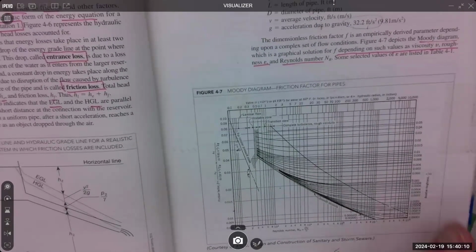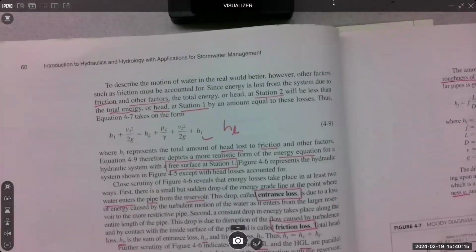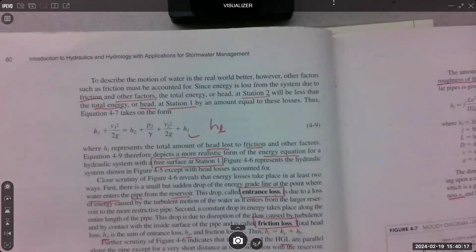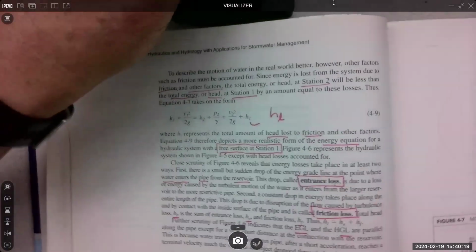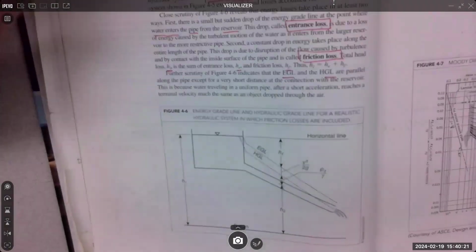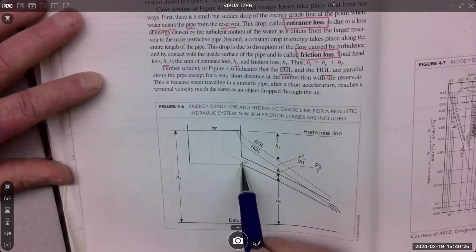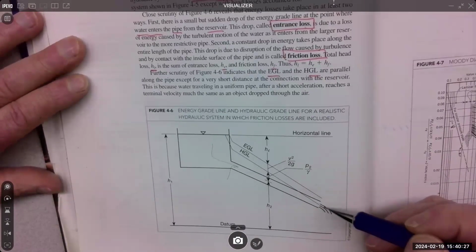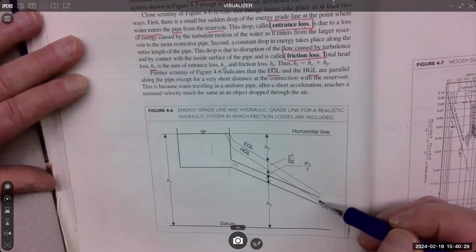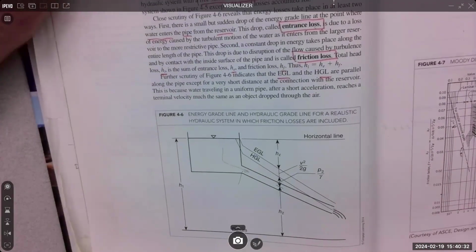That will lead us to the Moody diagram, but I'm not doing it yet. There are other losses, like entrance losses. If we had a reservoir system like this, where water enters into the pipe, there could be an entrance loss there, and there could be an exit loss here. So there's a lot that can happen.